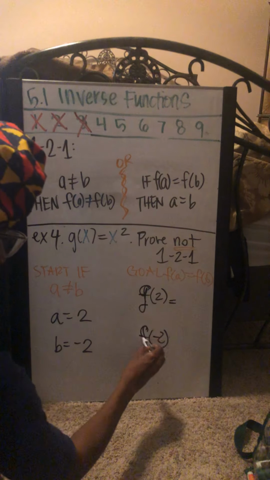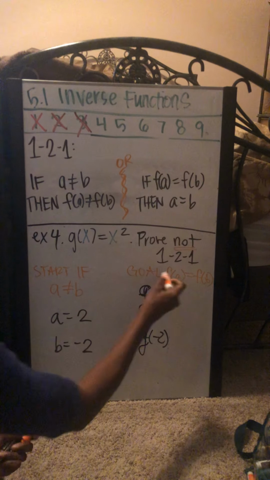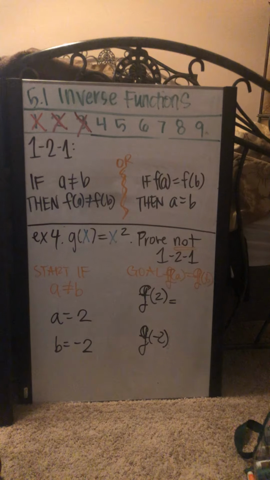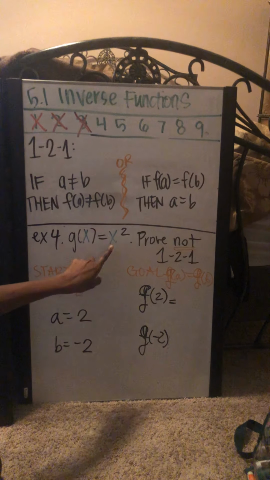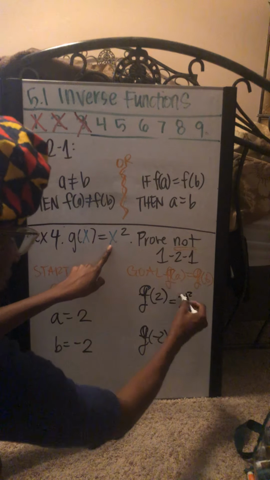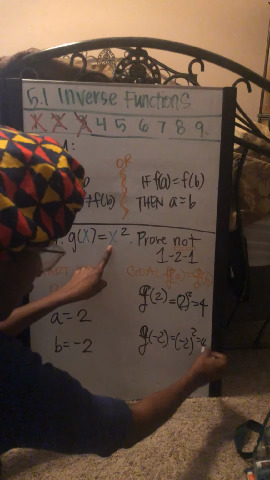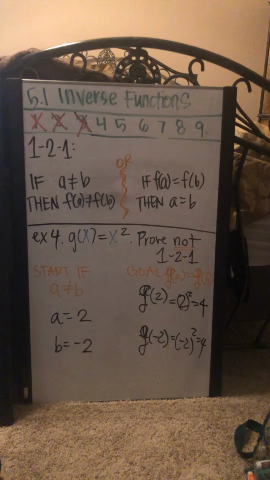These are g's. Our function is a g, right? So when we plug this into our g, we get 2 squared, which is 4, and negative 2 squared, which is also 4. So that's how we prove that it's not one-to-one.